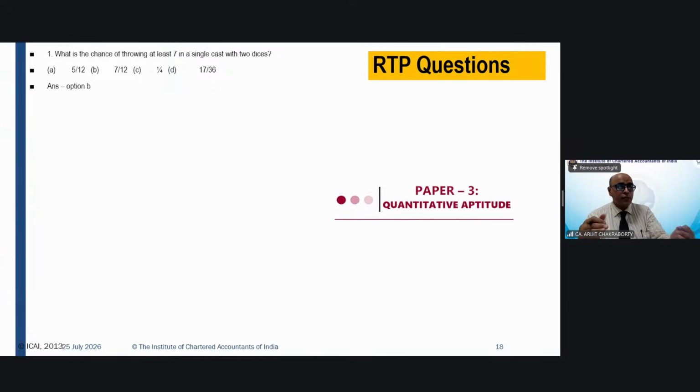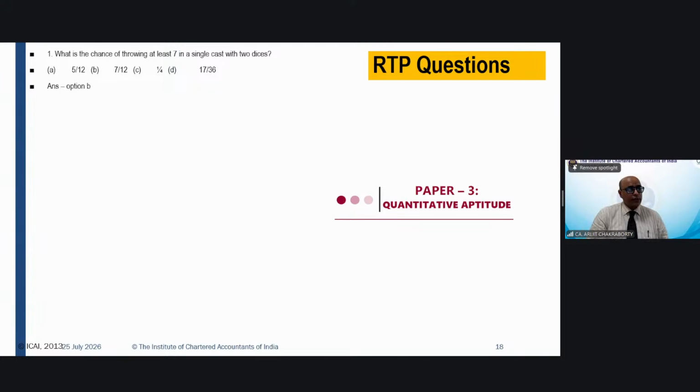A total of 7 you can get with 4, 3, or 2, 5 and 5, 2, or 1, 6 and 6, 1, or even 3, 4.